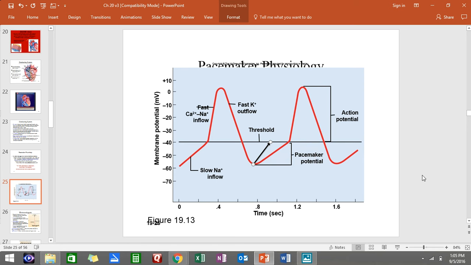Well, it's because the sympathetic effect is to open even more of those sodium channels. And so the slope of the pacemaker potential goes up, and we reach threshold much quicker. Notice, if you haven't before, this is time down here, right? The x-axis is our time scale. So if I increase the slope of the pacemaker potential by letting a little more sodium in, I will depolarize more quickly, and that's going to end up speeding up my heart rate.